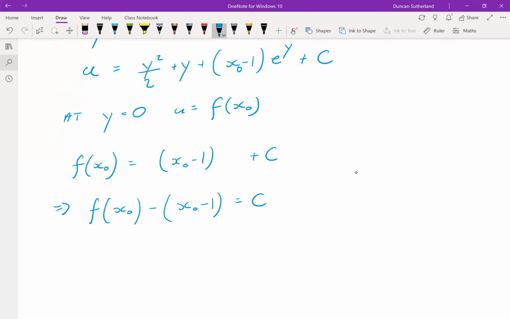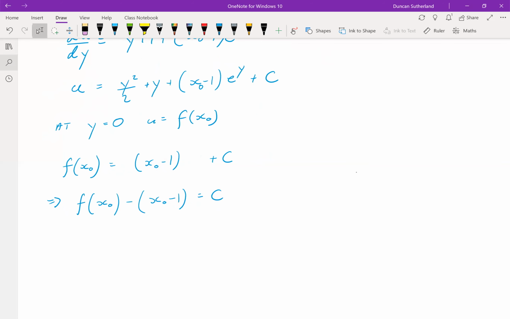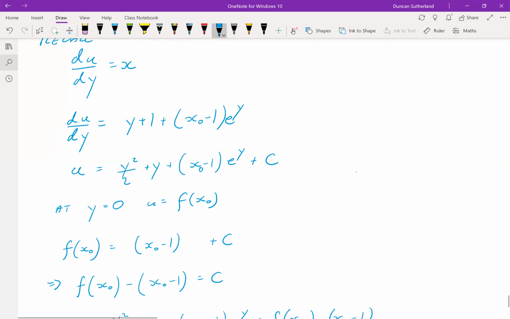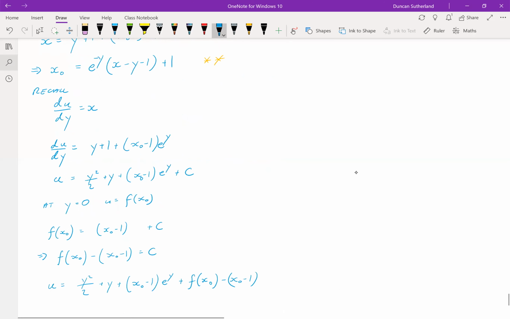Okay. So now that lets us write down a solution for u, at least along a characteristic defined by x naught. And now we want to substitute out those x naughts by our coordinates, or x naught in terms of x and y.